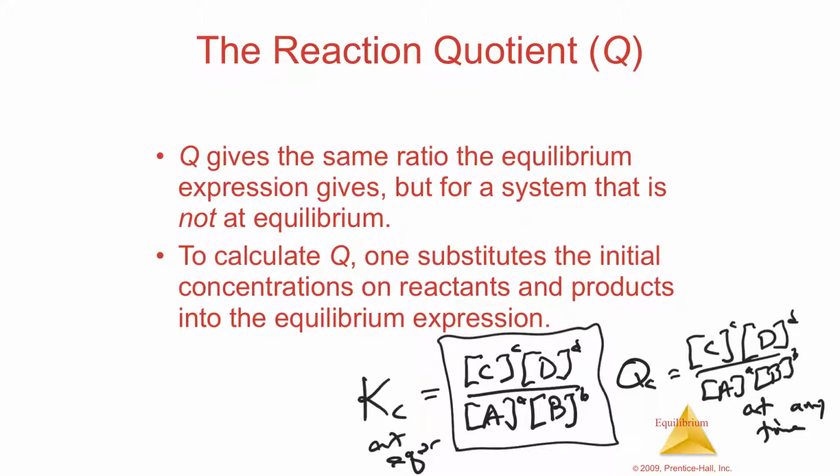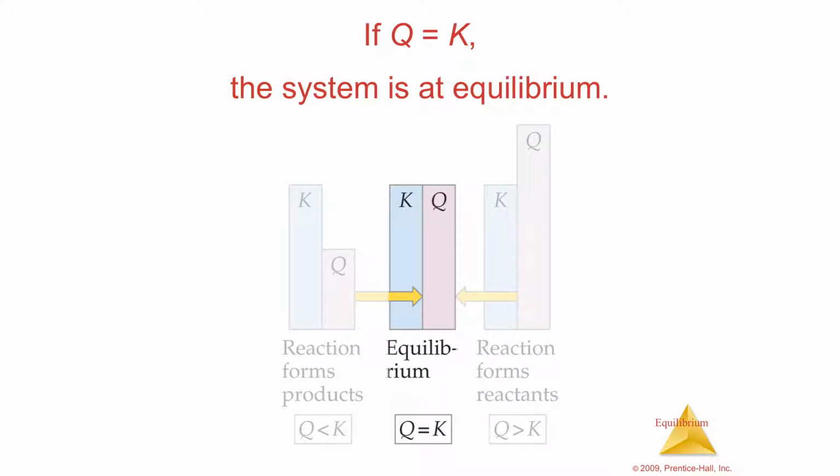I can measure Q, I can measure K, and then I'm going to compare Q to K. That comparison will give me some interesting things. The expression's exactly the same, except that K is the numbers at equilibrium, and Q is just measurements that you made. There are three possibilities. Either Q is going to equal K, Q is going to be less than K, or Q is going to be more than K. There's no other possibility.